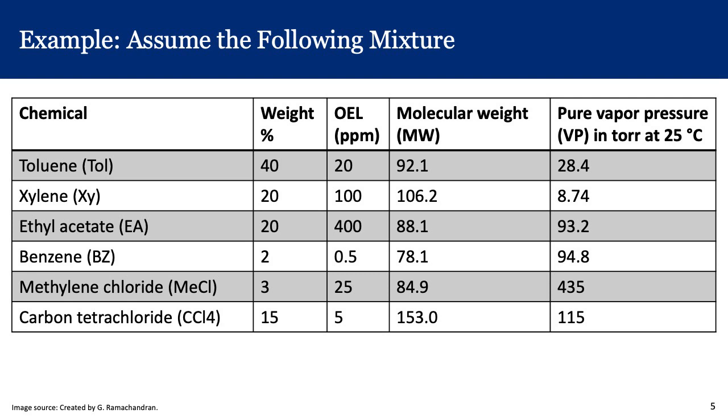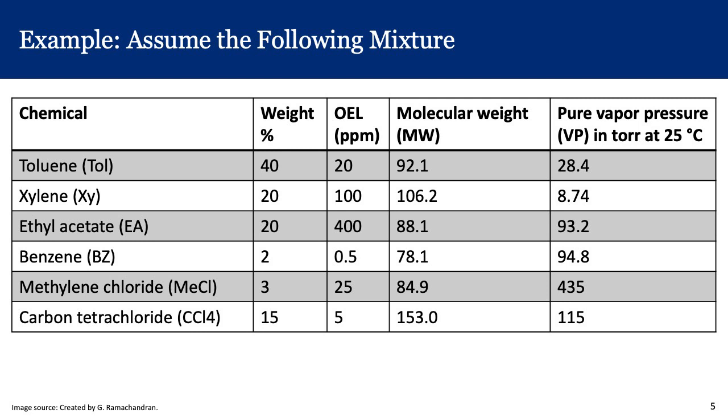Let's just work through an example of a mixture where the mixture composition is provided to you. On the left-hand column, we have the different chemicals in our mixture: toluene, xylene, ethyl acetate, benzene, methylene chloride, and carbon tetrachloride.